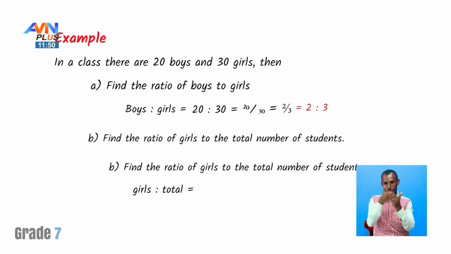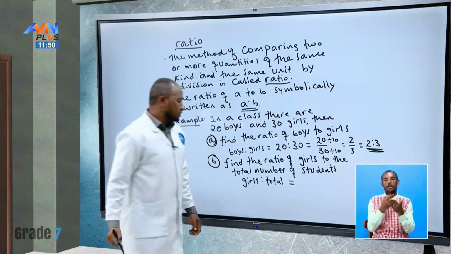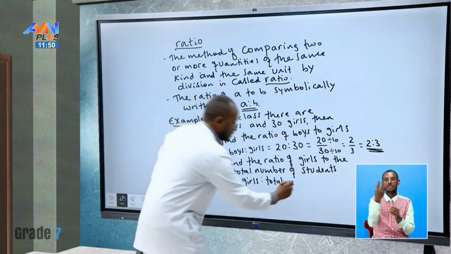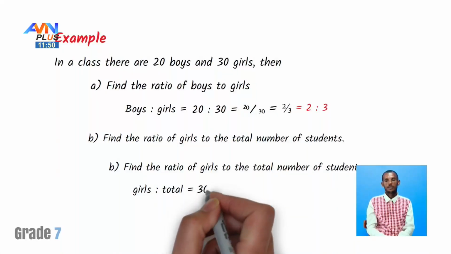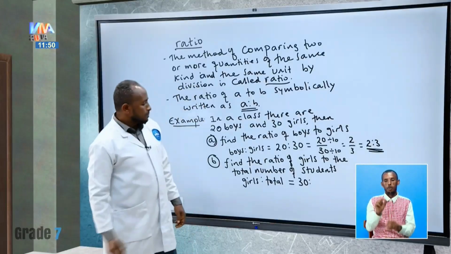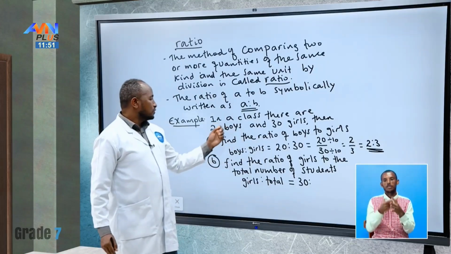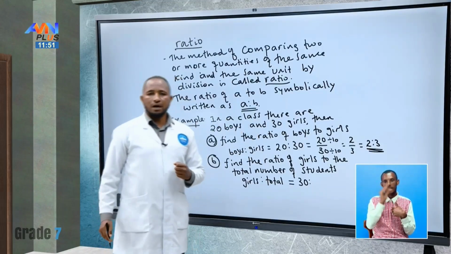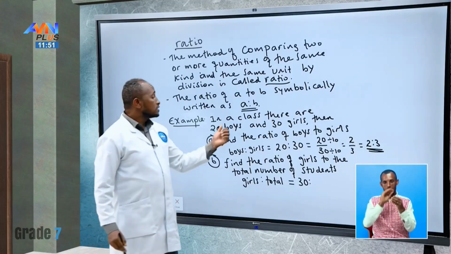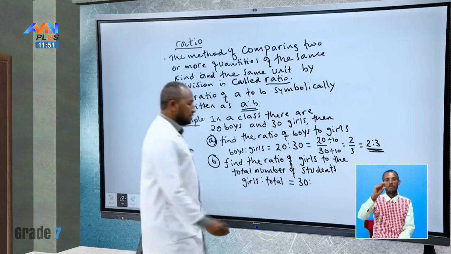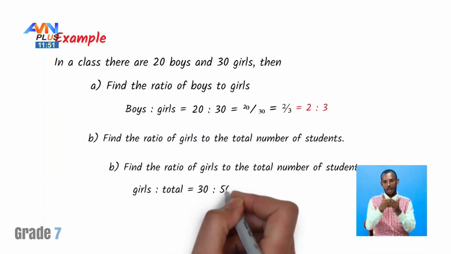This will be equal to the number of girls, which is 30, ratio the total number of students. Since we have 20 boys and 30 girls in the class, the total will be the sum of the two. 20 plus 30 is 50. Therefore, the total number of students is 50.